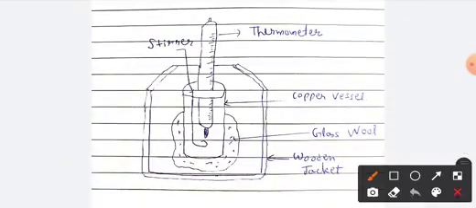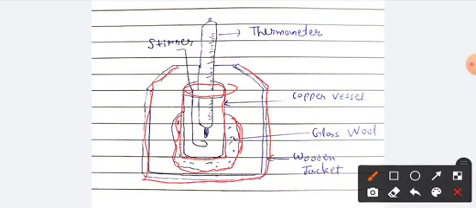This is our copper vessel, and this is the wooden jacket, and this is the heat insulating material which will stop heat from transferring from the inner to the outer part. It is made up of glass wool.